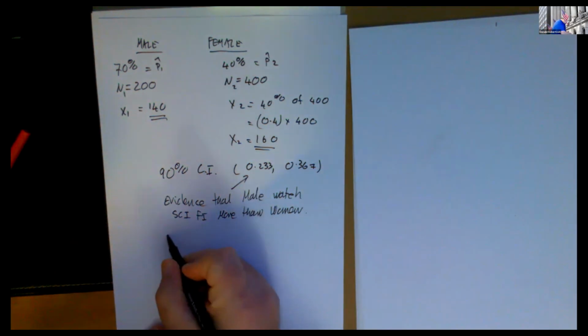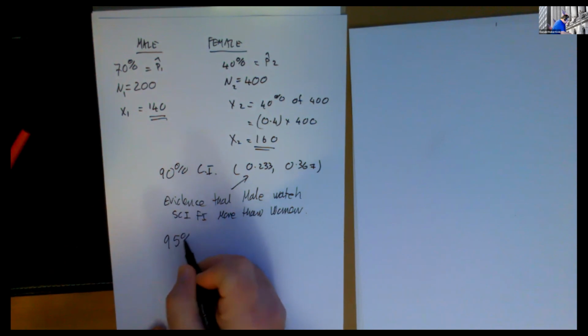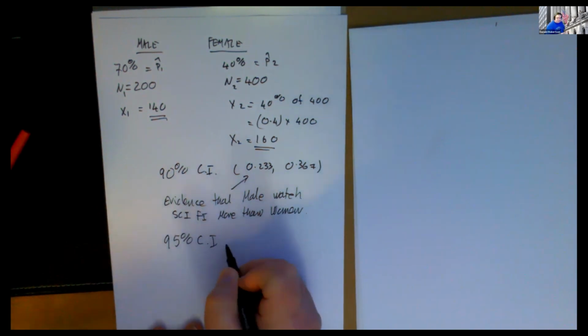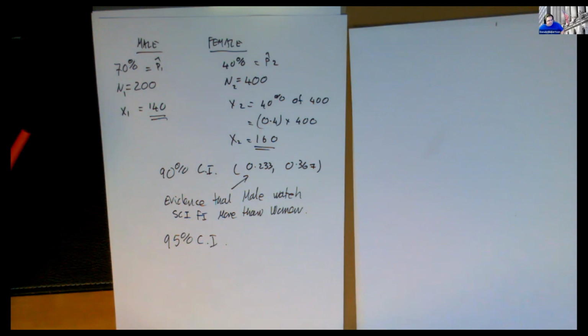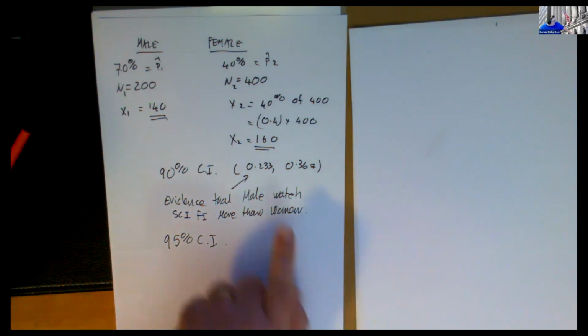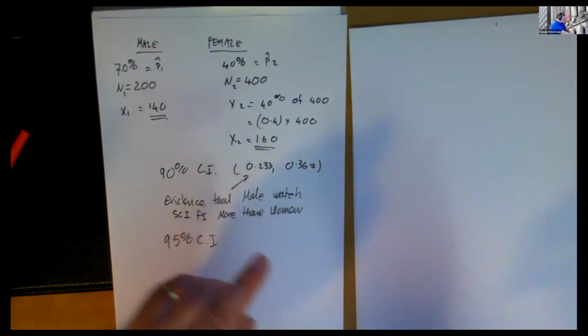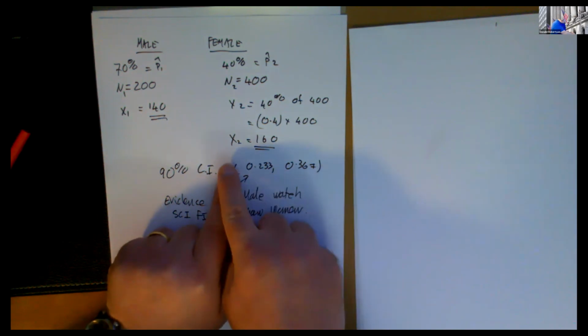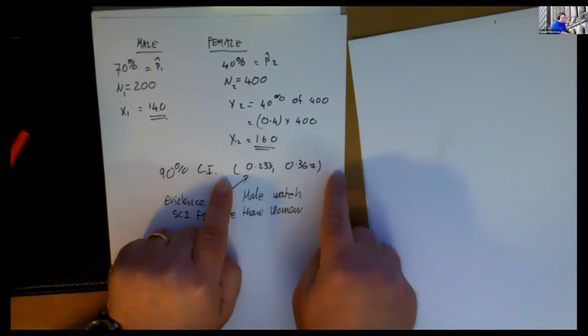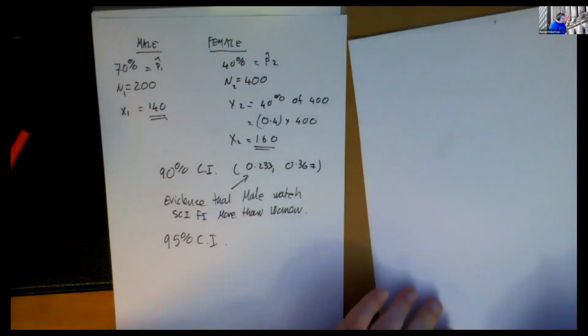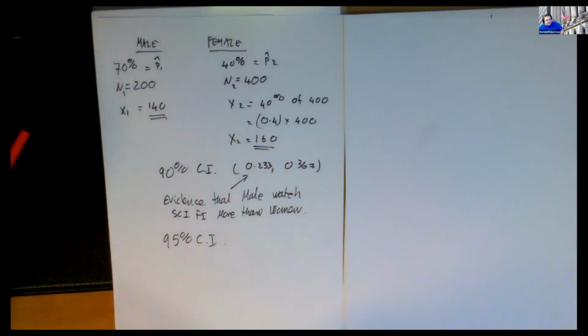Now I'm going to do a 95% confidence interval. Do you think this interval is going to get bigger, in other words, like 0.1 to 0.4 kind of thing, or do you think this interval is going to shrink down? If you want to be 95% confident, what tends to happen to the interval?